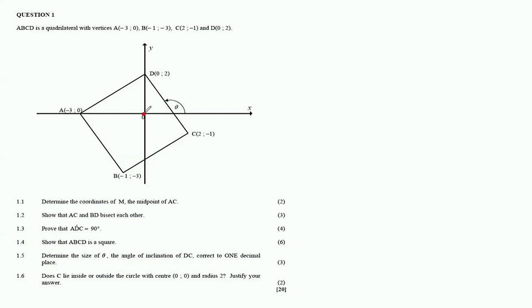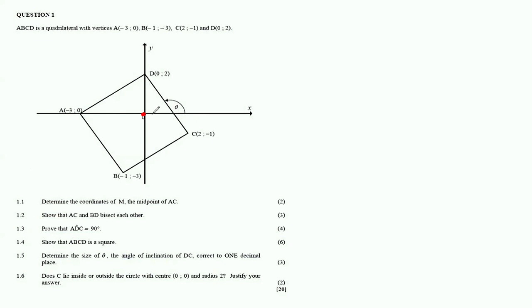A circle with center 0:0 would be centered here. We don't know how big the circle is, so we're trying to prove whether C lies inside or outside the circle. In grade 12 we prove this kind of question using the distance compared to the radius.